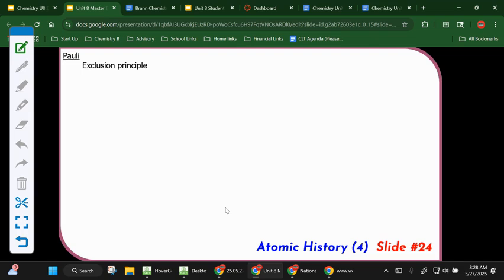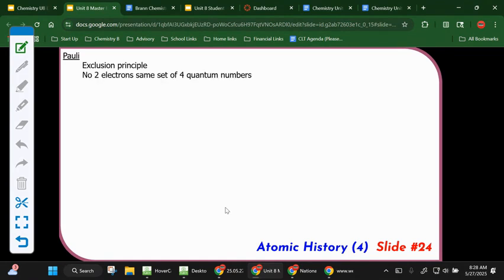Pauli gave us the exclusion principle, ladies and gentlemen. You already know what the exclusion principle is. No two electrons can have the same set of what? Wow, I was hoping we would get this.